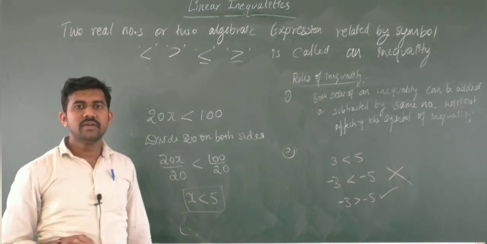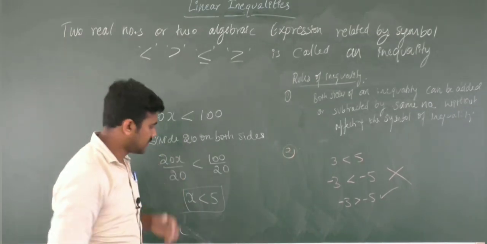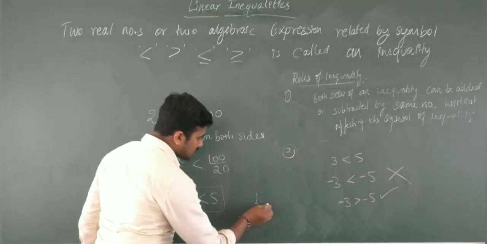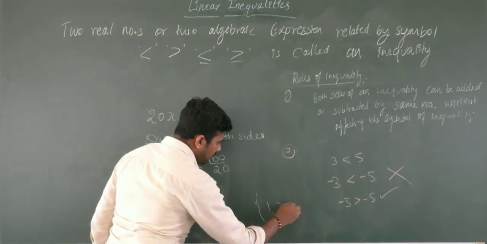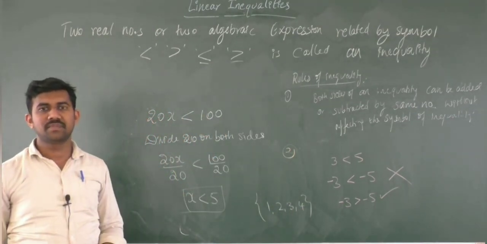So if you consider x as a natural number, what is the solution set? The solution set of x when x is a natural number is 1, 2, 3, 4, because those natural numbers are less than 5.